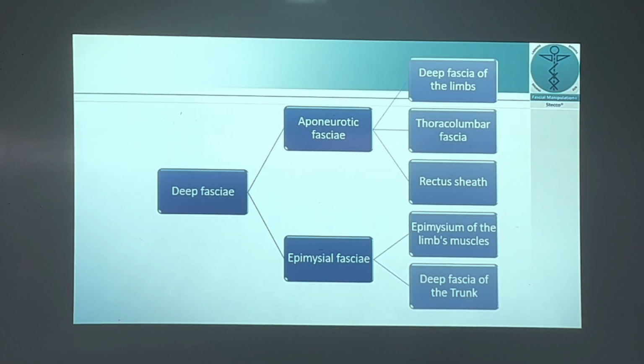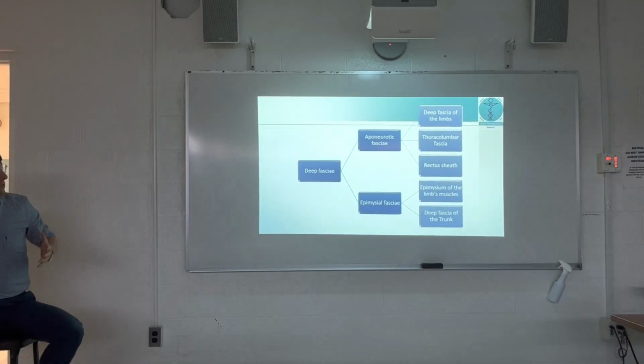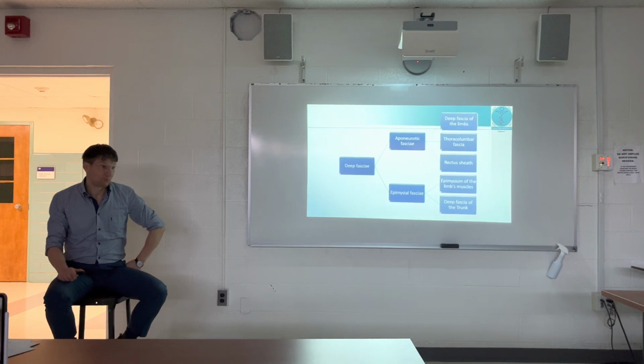These are thicker, rigid, heavy, low transmitter. The epimysial can be the epimysia of the limbs. You see each muscle has a small epimysial fascia, or the deep fascia of the trunk, because each muscle right here has a fascia above that is strongly adherent to the muscle.